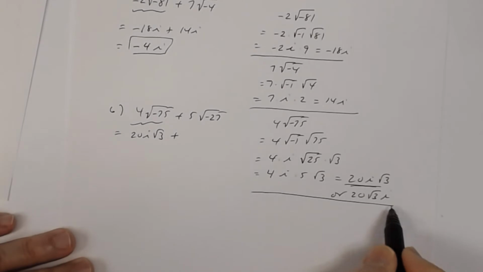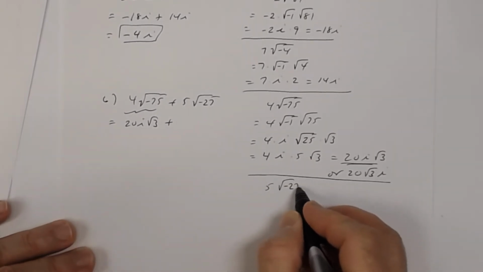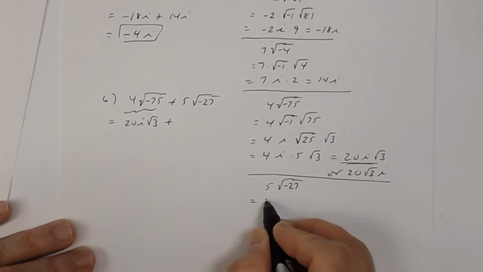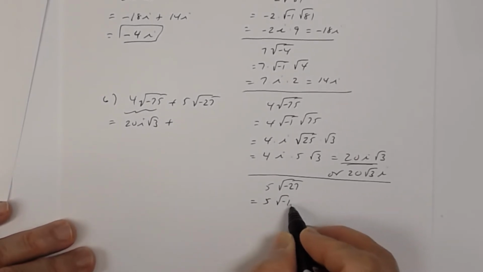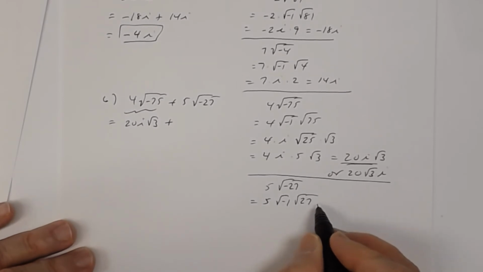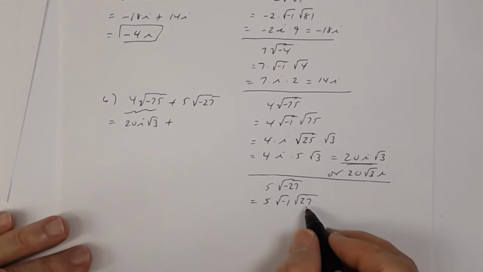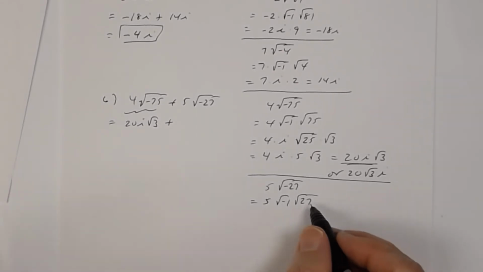Okay, so this becomes now 20I square root of 3 plus, and we're going to do the same thing with the next one. So 5 times the square root of a negative 27. So we're going to do the same thing. We're going to say 5 times the square root of a negative 1 times the square root of 27. I know that 27 is not a perfect square, but think about what's the largest perfect square that goes into 27. Well, there are only two perfect squares that go into 27, 1 and 9. So the largest of those is 9.